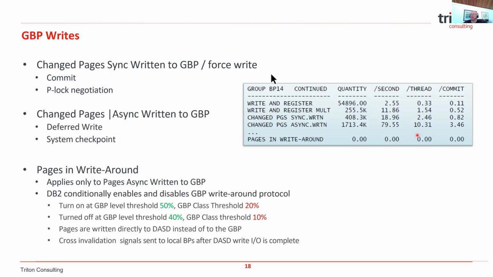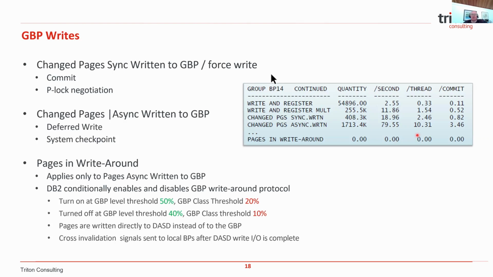Now, one thing that was implemented in version 12, I think, or maybe 11, was this write-around mode. This is trying to reduce the number of instances when the group buffer pool is filling up with dirty pages. So this mechanism only applies to the pages that are written asynchronously to the group buffer pool. And this particular function basically pings in and out.